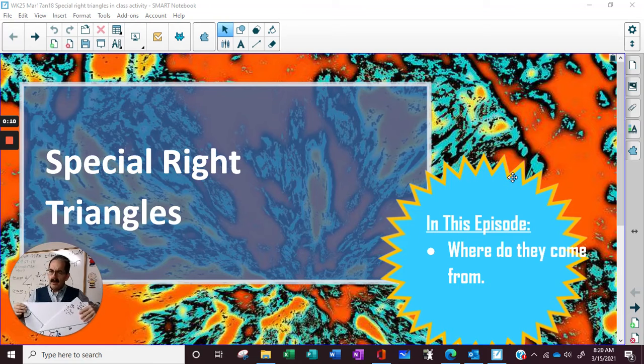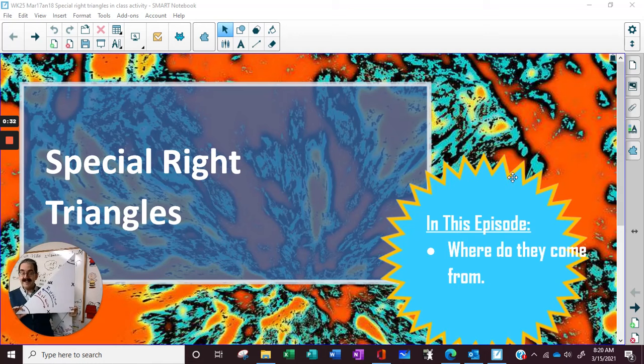Now, we got all these weird things, these circles, and then all these what are called special right triangles. Well, the first special right triangle is the 45, 45, 90. And you know a little bit about this because we saw doing this how to find the area of a triangle.